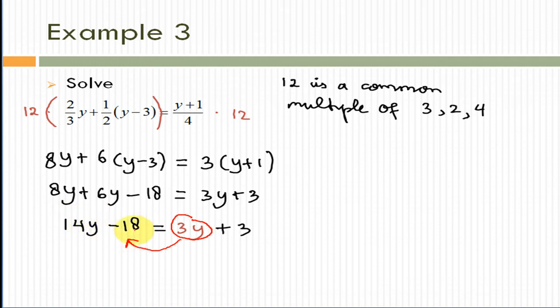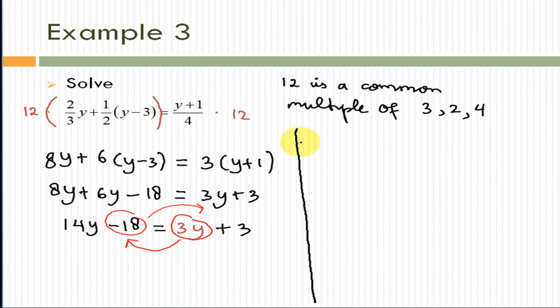And at the same time, we don't want this number on the left hand side. We also want this to move to the other side. So we can move the two terms simultaneously to get a new equation which is equivalent.